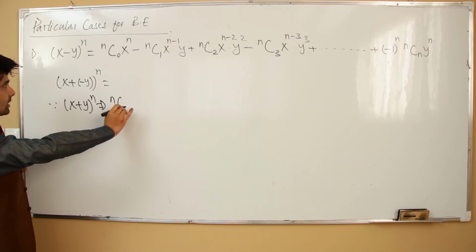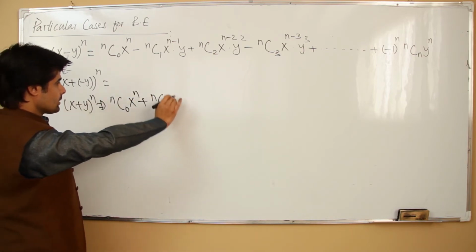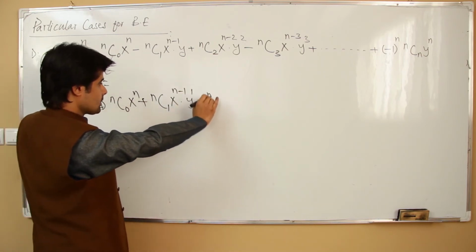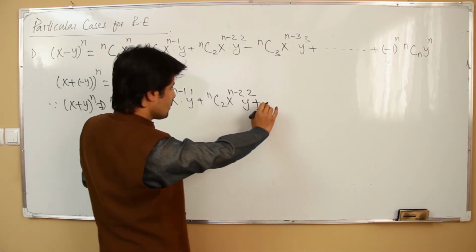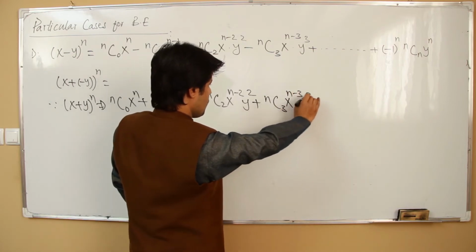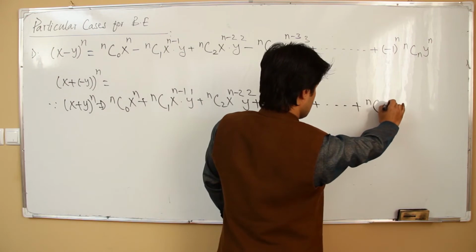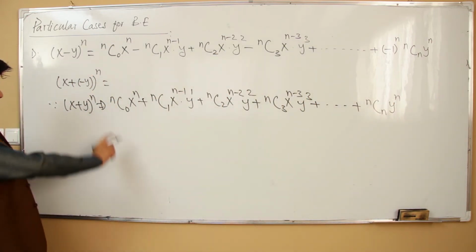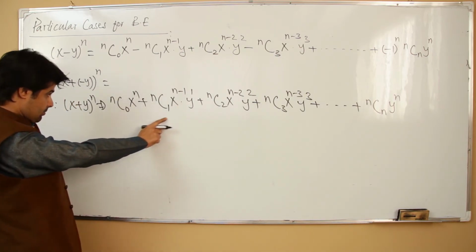You have nC0 x to the power n plus nC1 x to the power n minus 1 y raised to the power 1 plus nC2 x to the power n minus 2 y raised to the power 2, nC3 x to the power n minus 3 y cubed, up to nCn y to the power n. Now instead of y, you have to put minus y. If you put minus y in here, this minus comes here.